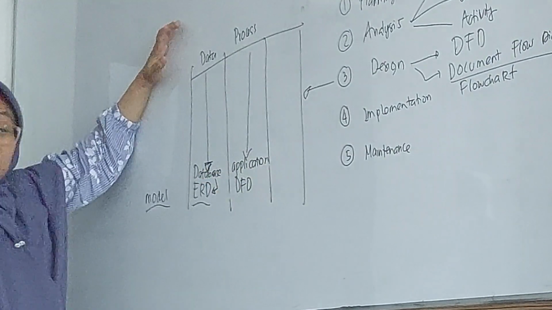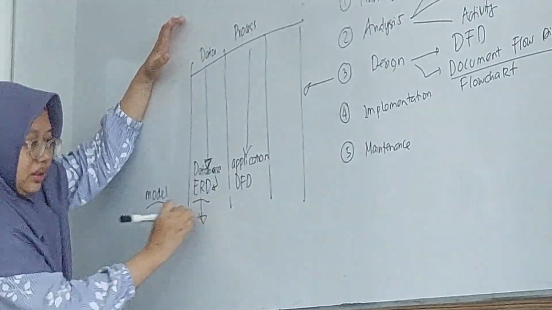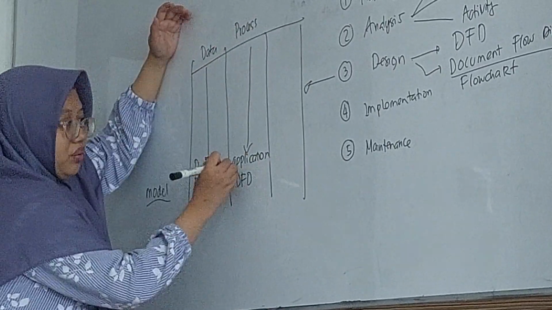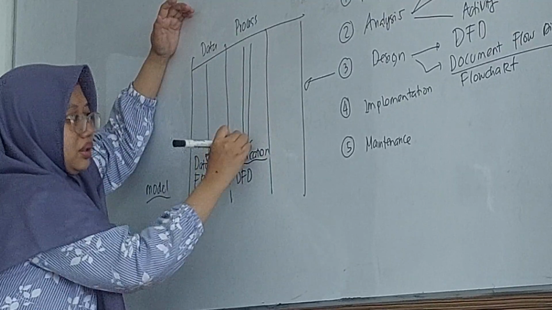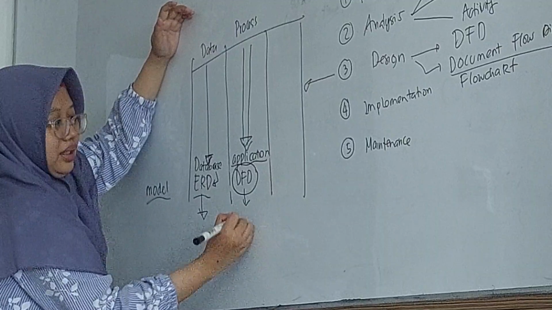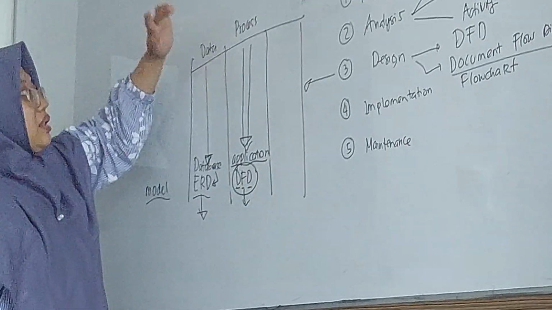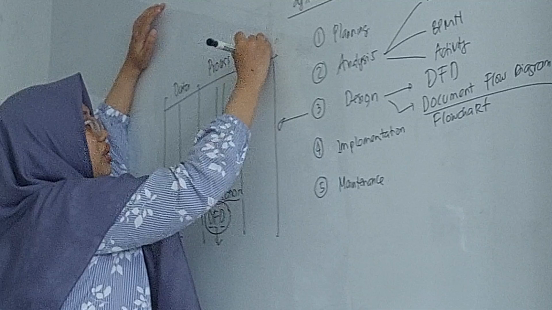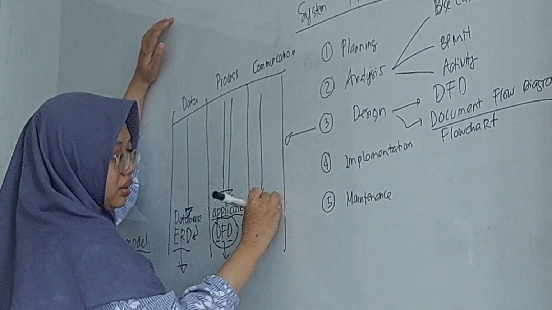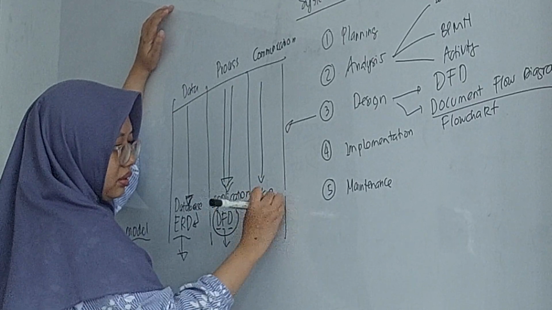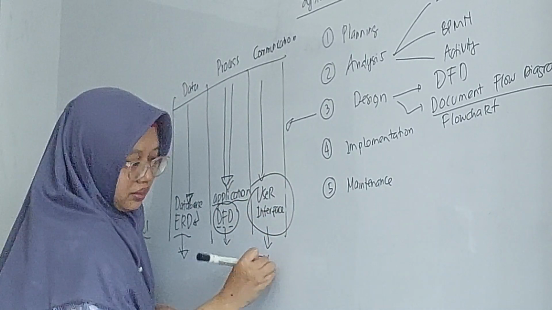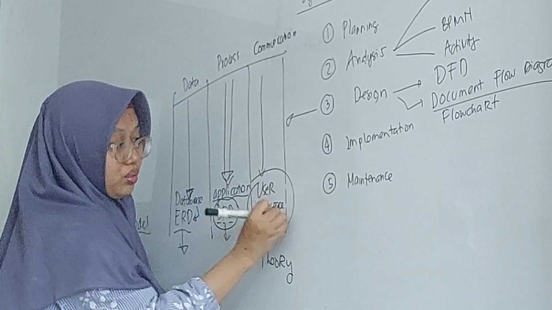We model it with the entity relationship diagram in the first section before with Excel. And then for the process, we must build the application for the business process. We model it with data flow diagram. The next one is about communication. So we will use the user interface. For this material is only about theory, how to develop the user interface.